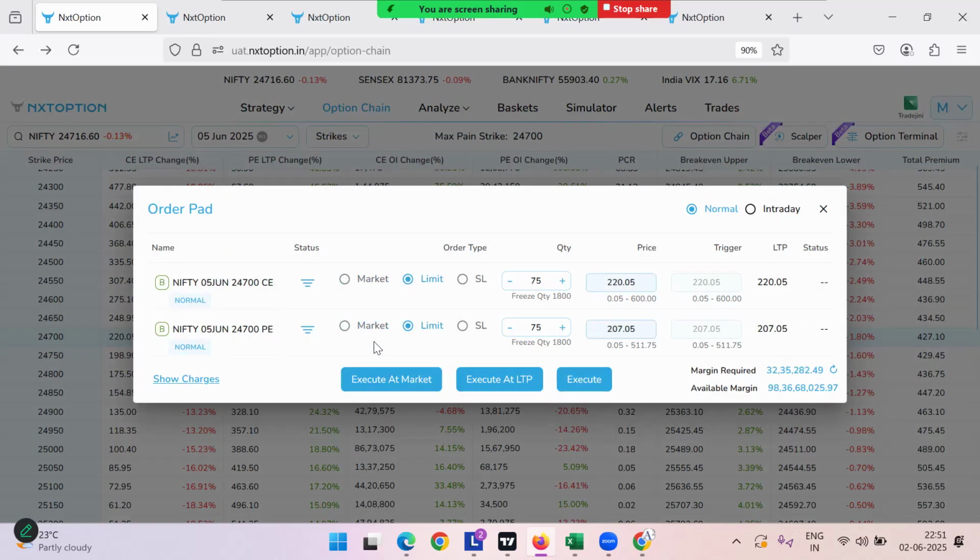That means I have to put a stop loss here. I put a stop loss here at 270, and I put a stop loss for the below one around 257. So please understand the logic.